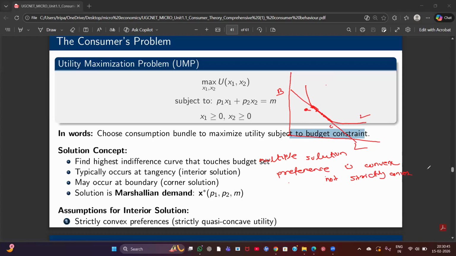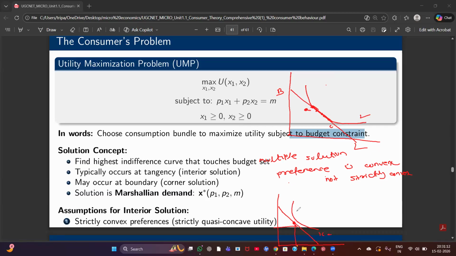If it is strictly convex, in that condition I will get a unique solution, because my indifference curve will look like this. This is my budget line. There will be no line segment on the indifference curve. Here, the unique solution will be the solution. The consumer attains optimization at this one point.